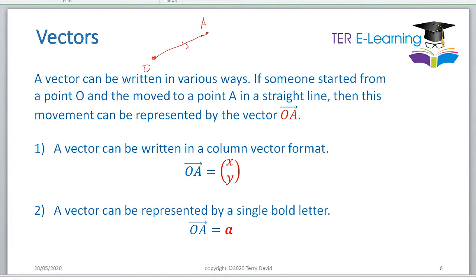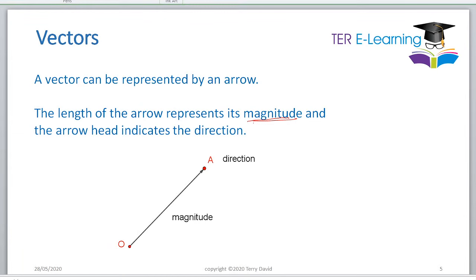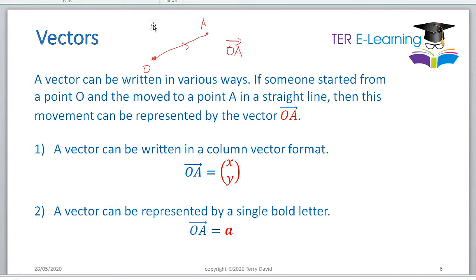That straight line represents a vector, the vector OA. This is just one way we can represent a vector. We have the starting point, which in this case is O, and we end up at the point A. We put a little arrow on top, and that is one way we can represent a vector.